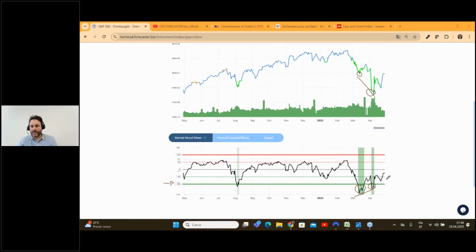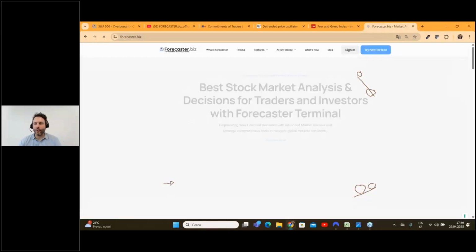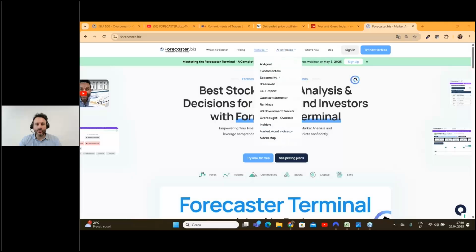When we start to see divergences between the indicator and the prices, we can definitely say we are close to an inversion in prices, okay? Of course, you can use this indicator just to know we are close to a low, or, as we explain on our website, you can go on the Forecaster.biz website and go, for example, to the Market Mood indicator.